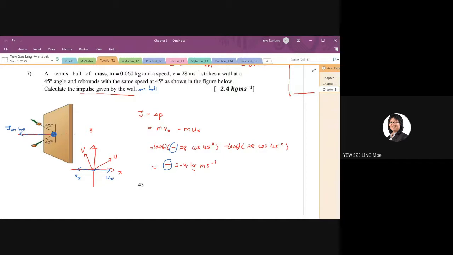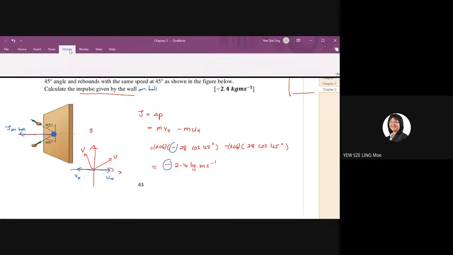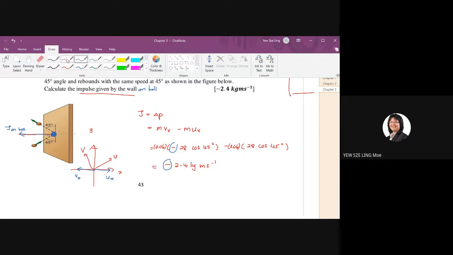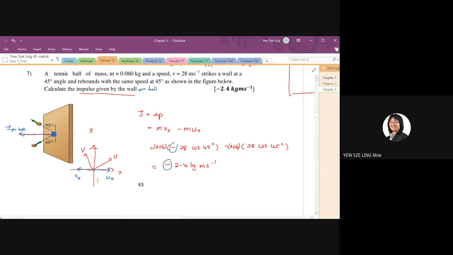Then how to transfer it on the graph? How to transfer the impulse from the diagram to the graph? You look at the direction of the arrow. If you remember what I told you in chapter 1, vector must be coming out from the diagram. It cannot go into the diagram.